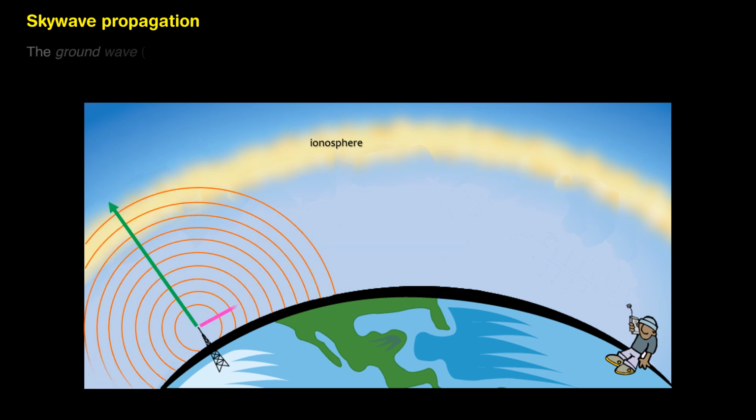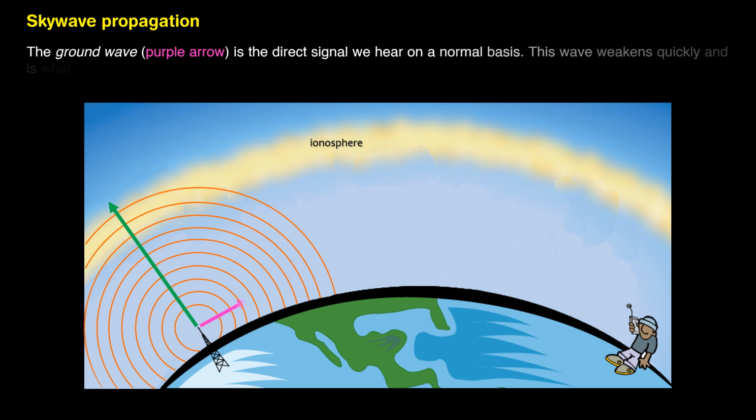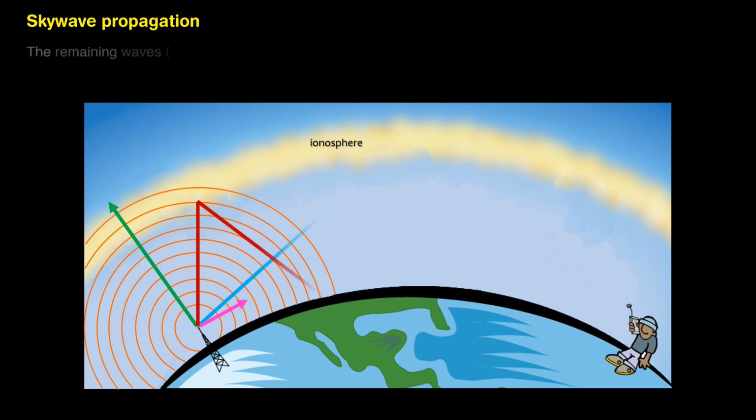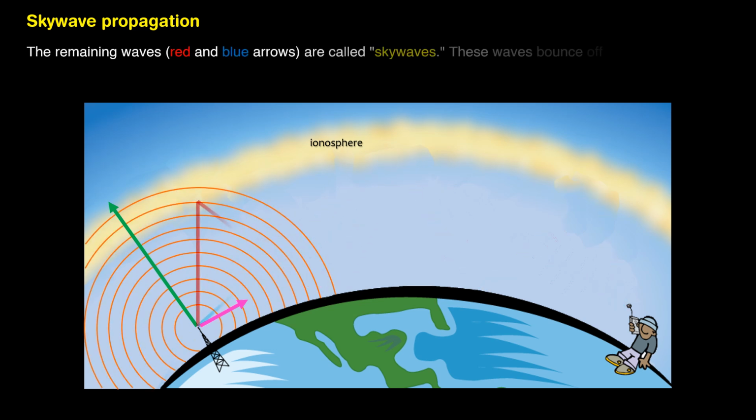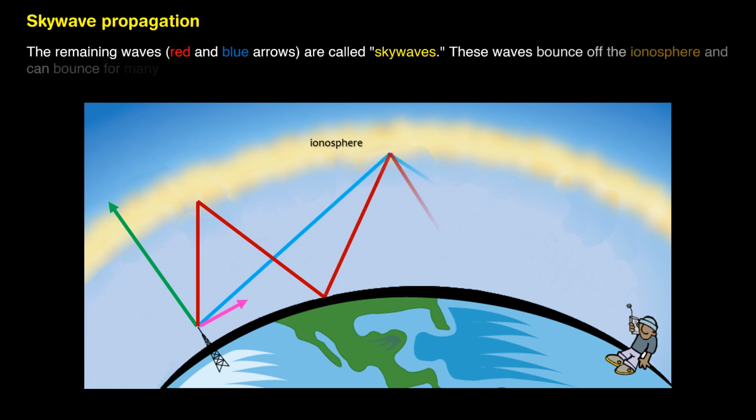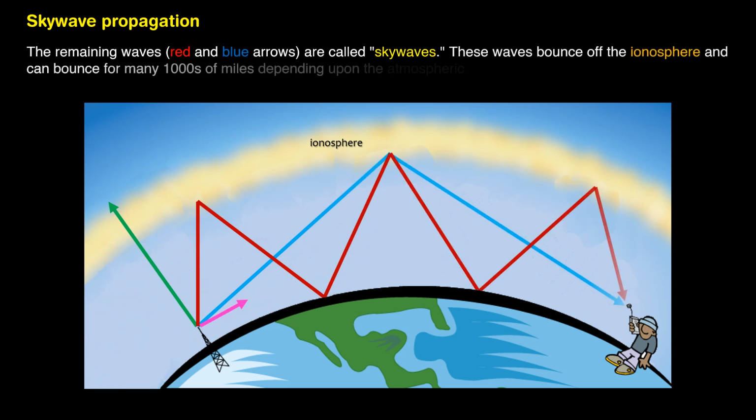The ground wave, purple arrow, is the direct signal we hear on a normal basis. This wave weakens quickly and is what one hears as a fading signal. The remaining waves, red and blue arrows, are called skywaves. These waves bounce off the ionosphere and can bounce for many thousands of miles depending upon the atmospheric conditions.